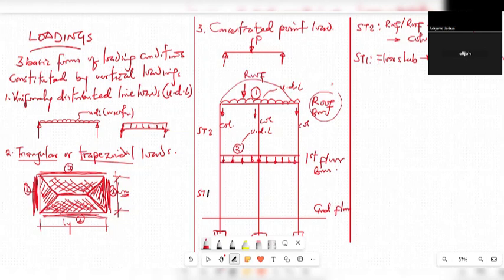So the load comes in, and it comes in. Then remember that this column and this column get connected at this point. Do you notice that? So it means that after each story transmits its load, they are all coming into the column at this level.